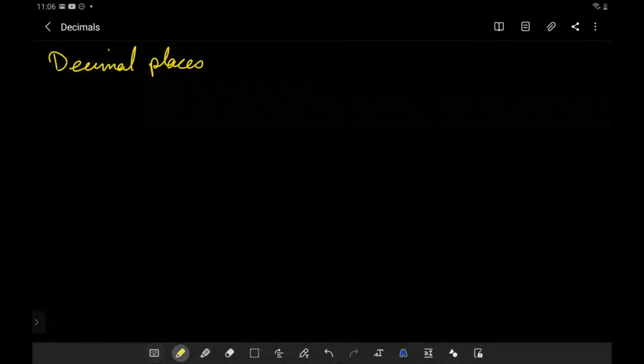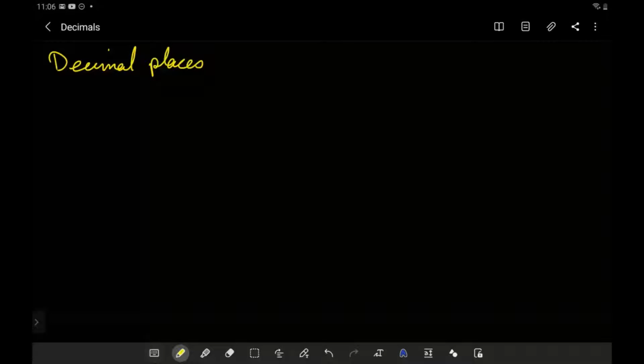Anyone? What do I mean by decimal places? So you mean points where we have to move the decimal point to different places.